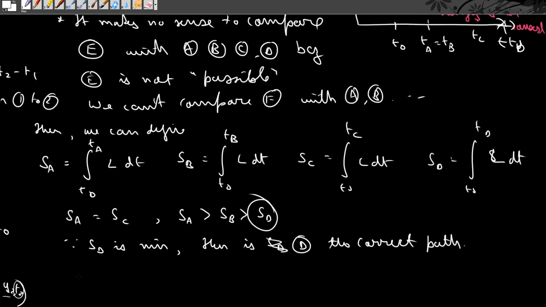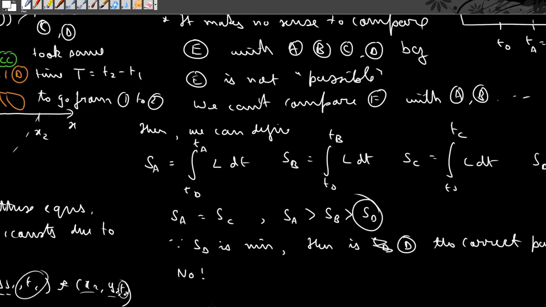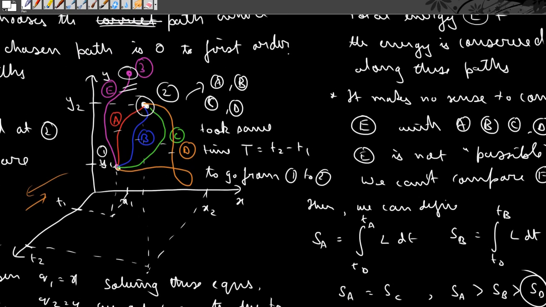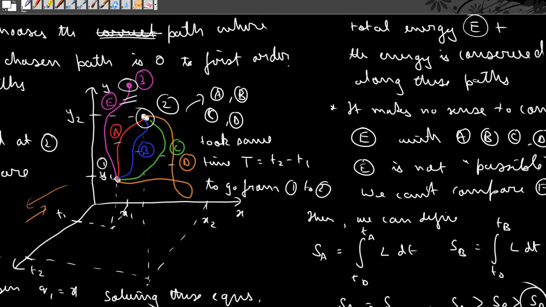The answer is no here, because in Hamilton's principle, the possible paths that we considered ended up at the same instant of time t2. We had a specific starting point and a specific ending point, and all the possible paths which we compared started at point 1 and ended at point 2 at the specific times t1 and t2.